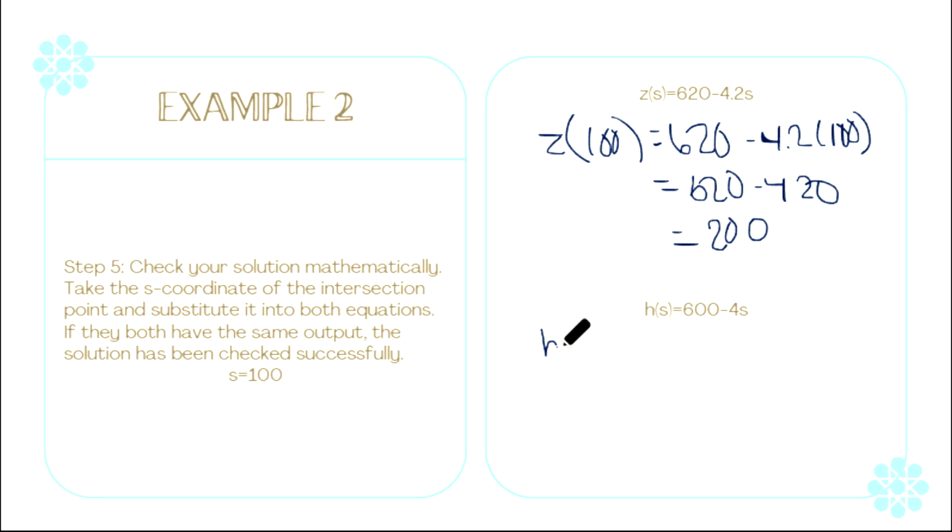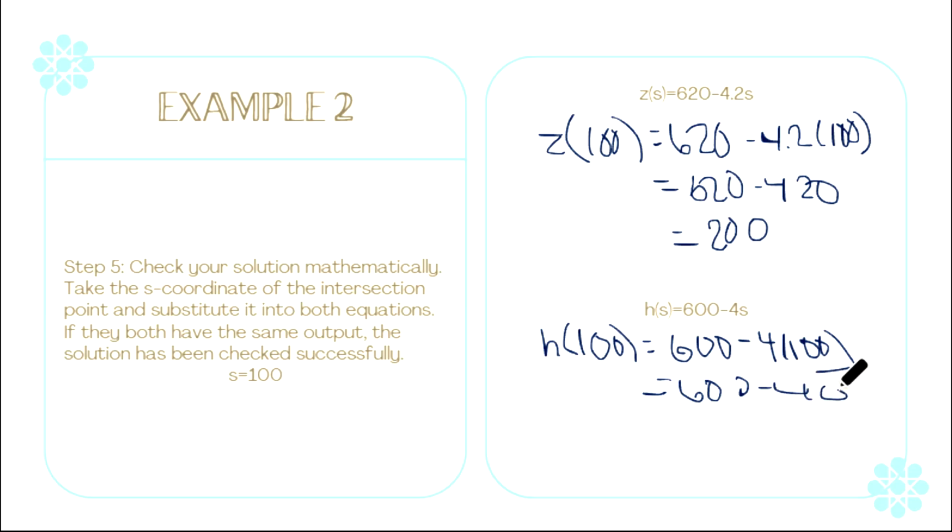Let's do the same for this one. h of 100 is equal to 600 minus 4 times 100, which gives us 600 minus 400, which guess what? Gives us 200, so it is also correct.